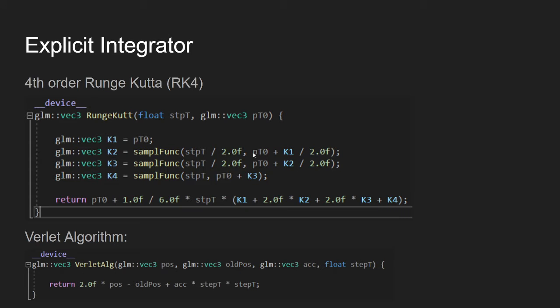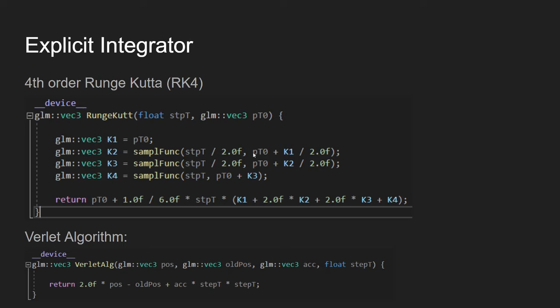Another thing we wanted to do right here is to use an integrator to update the cloth system. Essentially, the mass spring model is an ordinary differential equation that we wanted to solve. If we naively use the forward Euler integrator to update the system, it's going to explode easily.